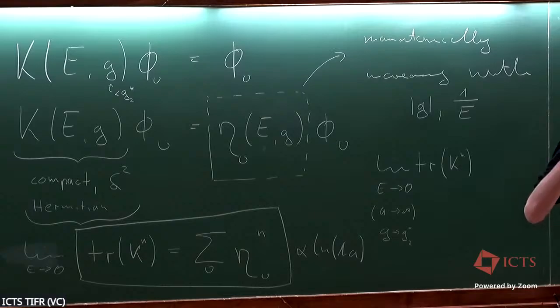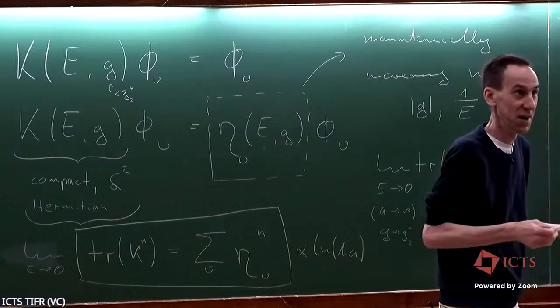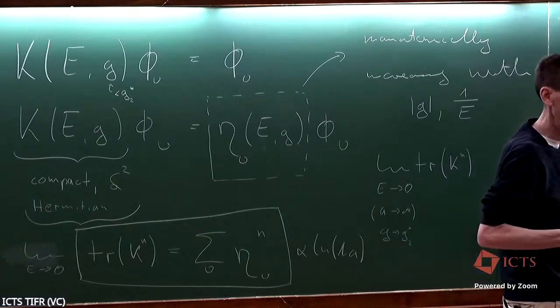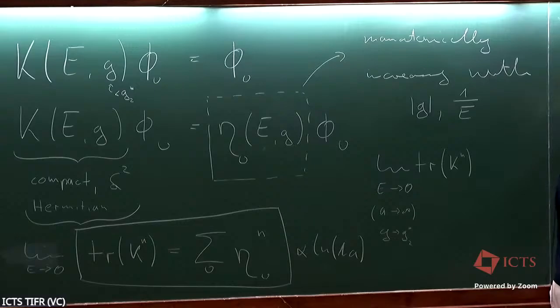And this is brilliant because, or this is not yet brilliant. To realize now what that means is the brilliant part, because each of these eigenvalues here, which accumulates at L, passes through 1. And if it does so, it counts as a bound state.